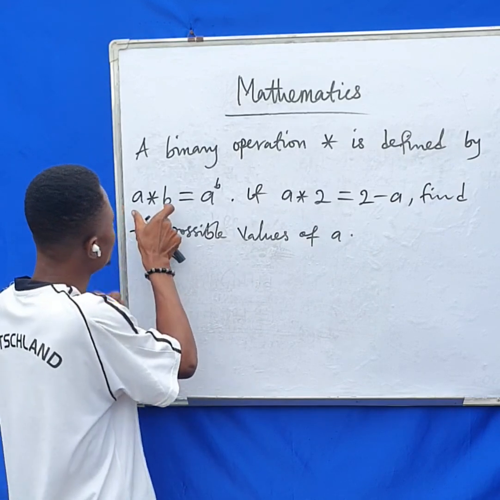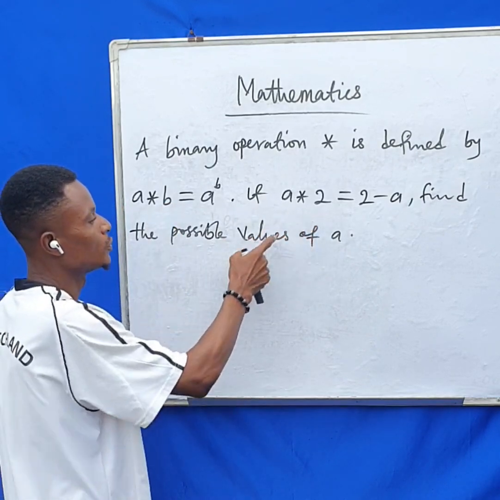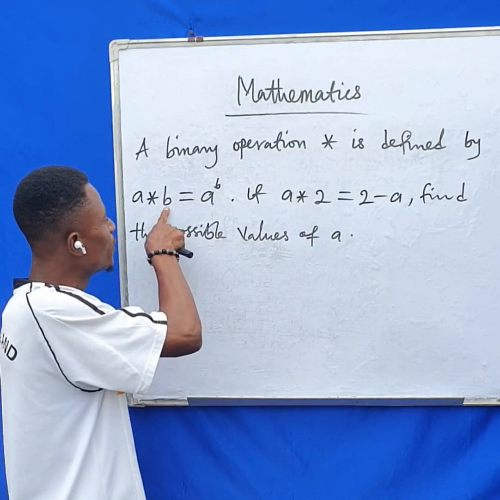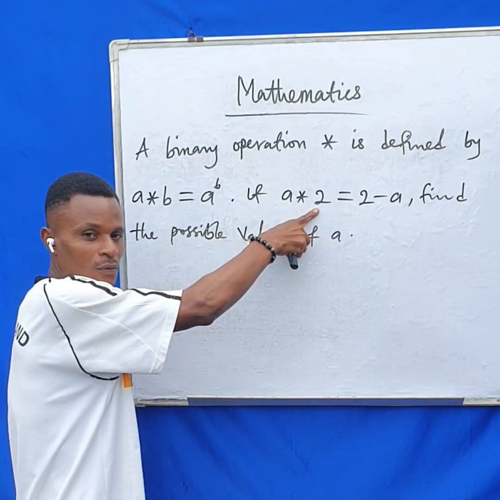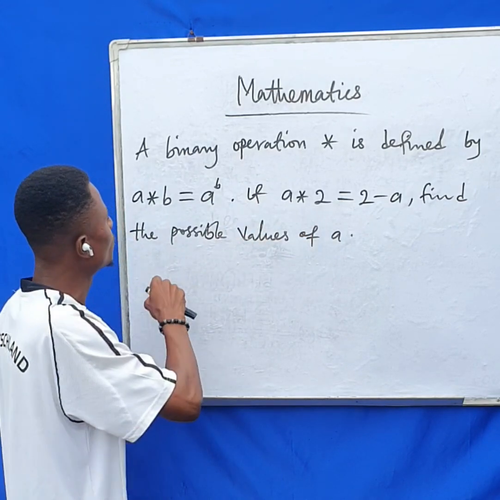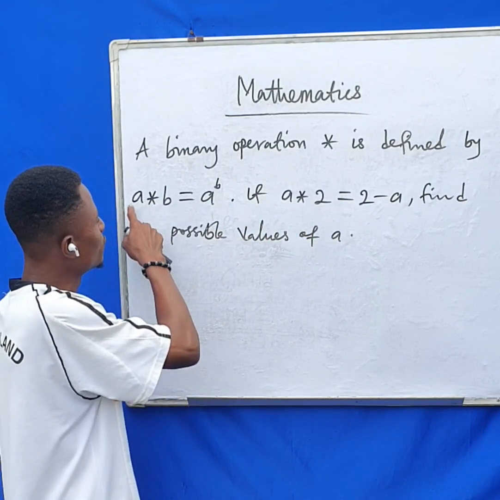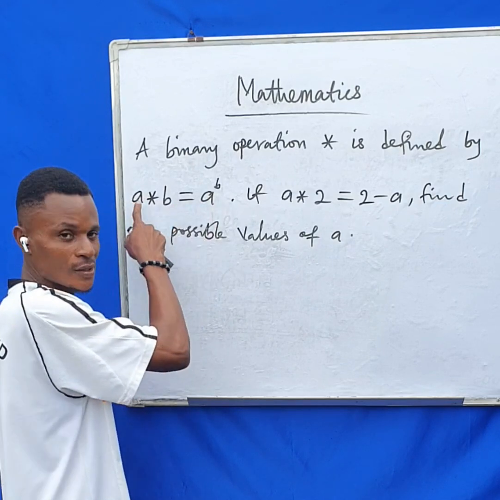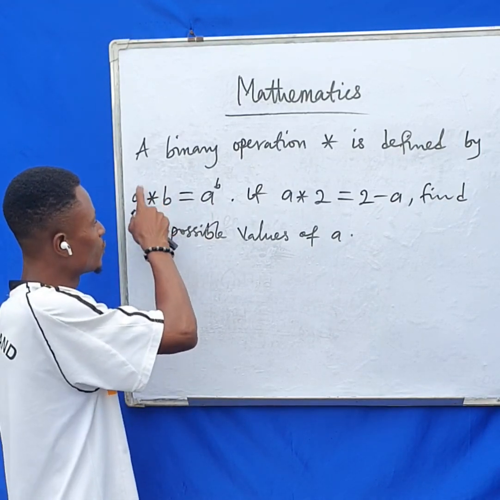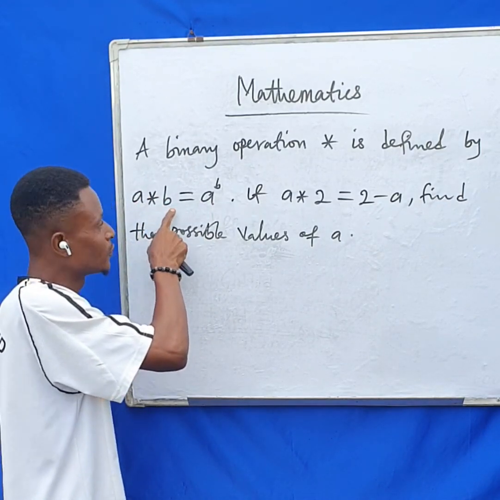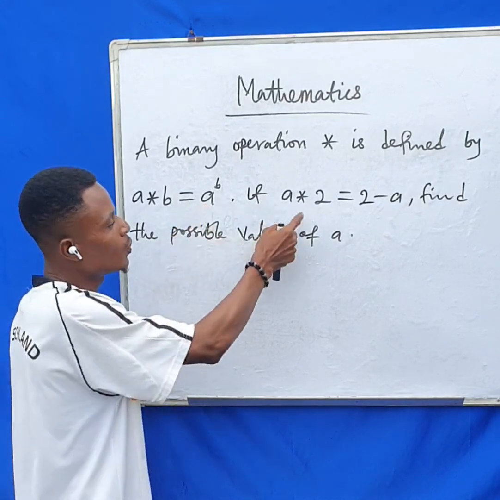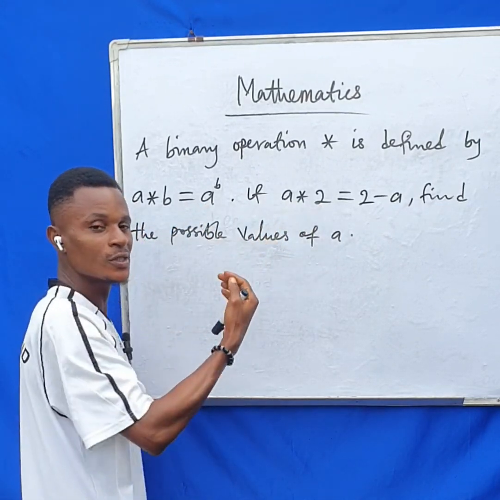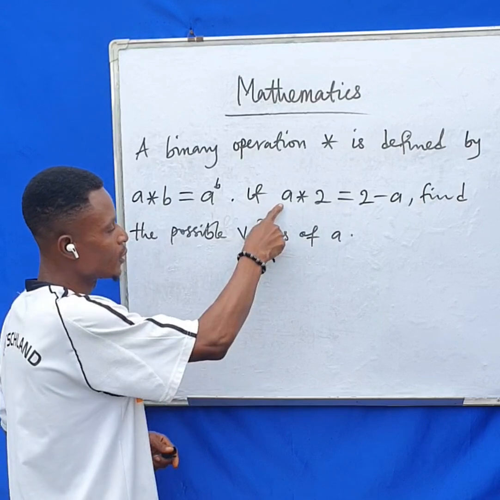The only difference is that they replace b with 2. Have you seen it? Now, they told us that anytime you see something like this, whereby a asterisk something, I should write down that a. So here we have a asterisk something. We are going to write down this a.